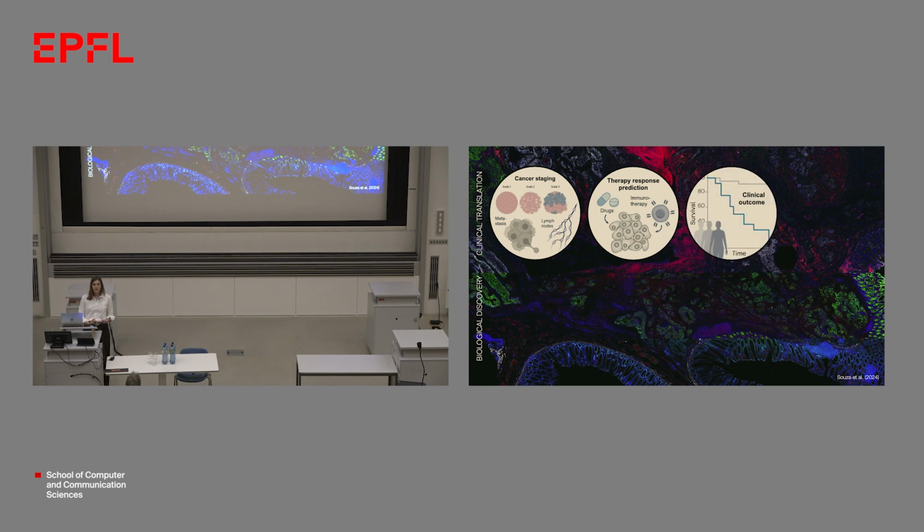And then they can link to clinical outcomes, such as overall survival and progression-free survival. At the same time, they also enable the discovery of biomarkers, or spatial hallmarks, that allow us to understand or guide prognosis and treatment planning.